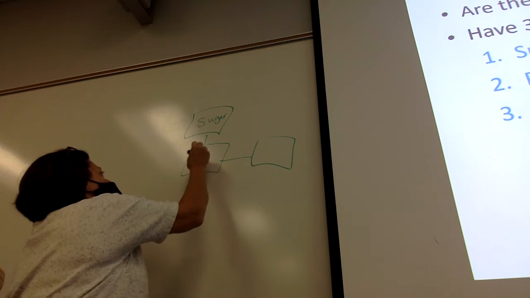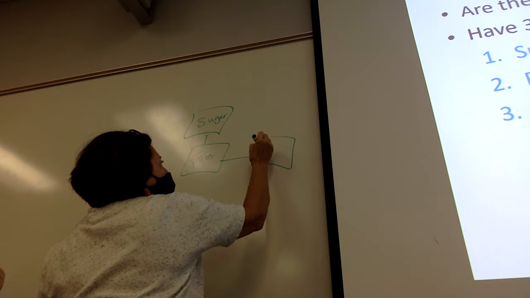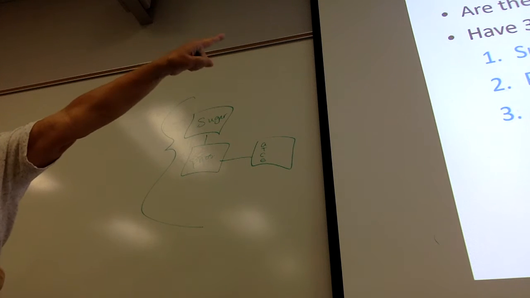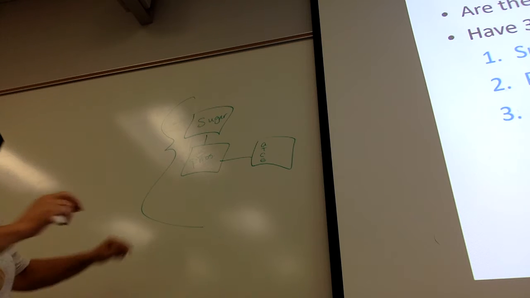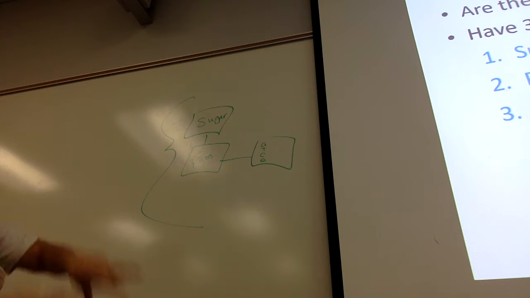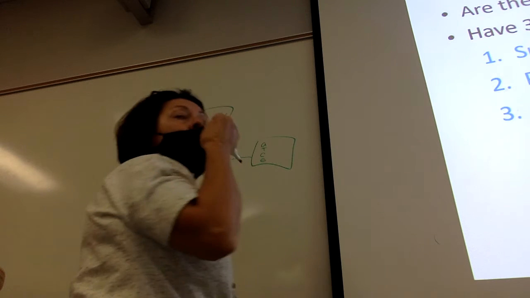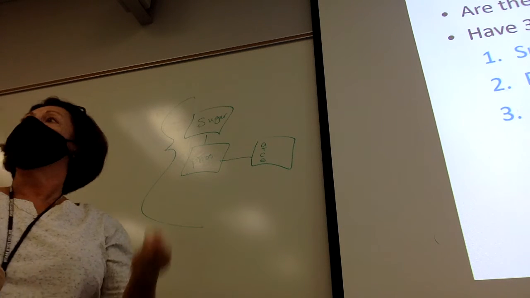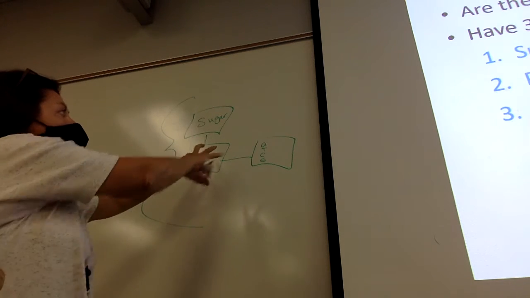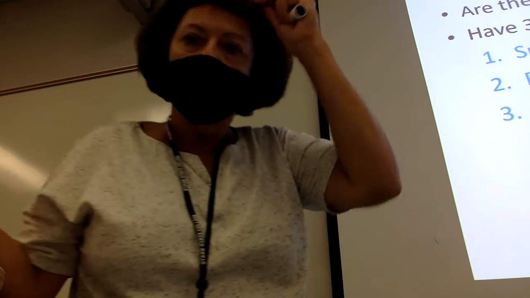This is a phosphate molecule. This is a nitrogen base, so this could be adenine, thymine, cytosine, or guanine, one of those. This whole thing together is a nucleotide. So you take one nucleotide, hook it up to another nucleotide, to another nucleotide, on both sides to make that DNA ladder. If we're talking about RNA, it's just one side. But these three things are what the monomer that makes up a nucleic acid is.